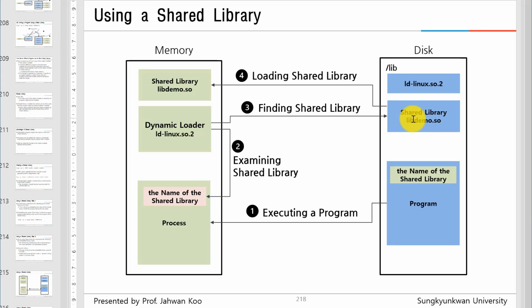If the dynamic loader finds the shared library, it loads the shared library into memory. If the dynamic loader cannot find the shared library, it raises an error message, for example, cannot open shared object file, no such file or directory, like this.